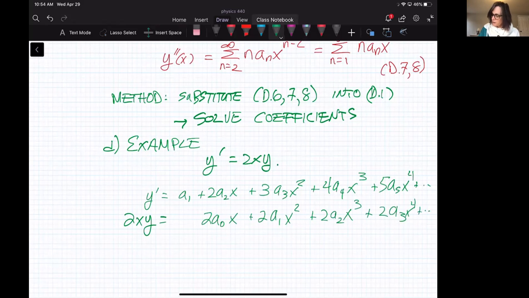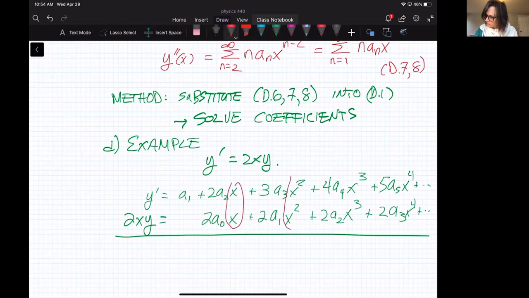And the reason why I did this is I shifted things over because the way that we solve this is to identify the coefficients in front of the similar powers of x.